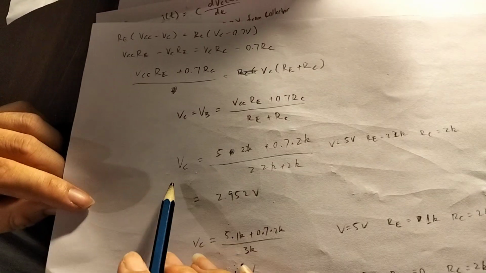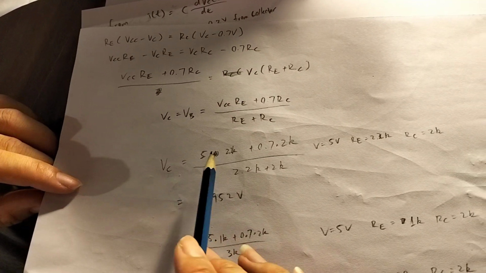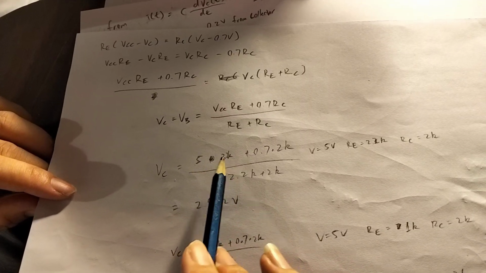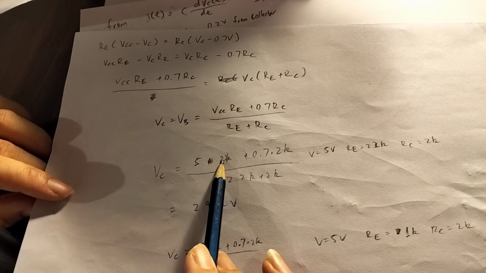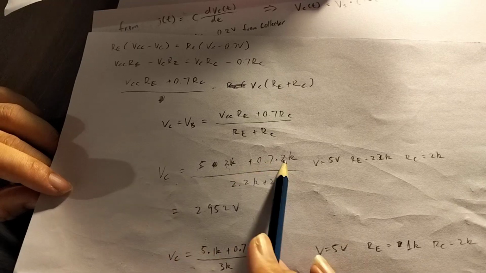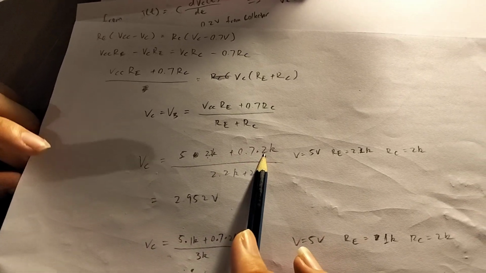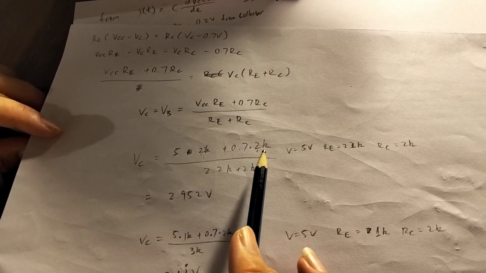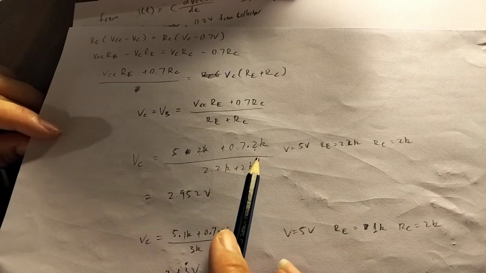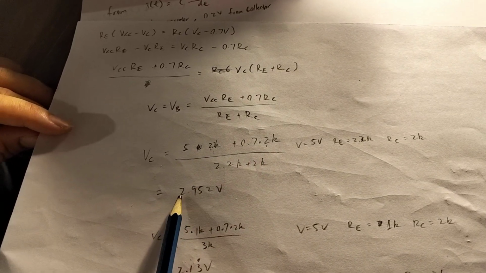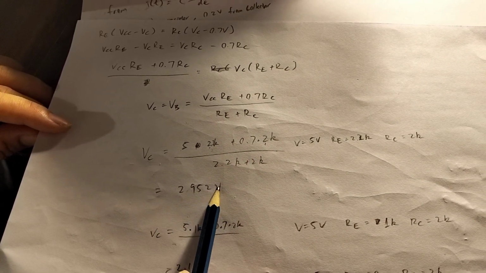For example, you can calculate that with a 5-volt supply, a 2.2K for the RC and 2K for the emitter resistor, you get to an equilibrium state where the collector just stays at 2.952 volts.